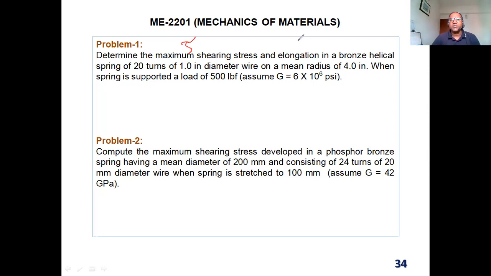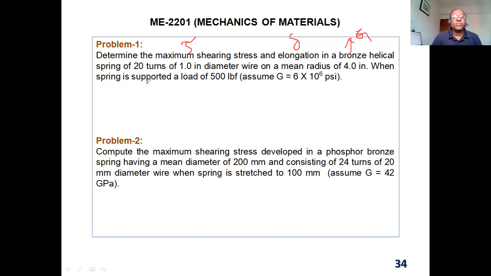That means we need to figure out the delta or Y. It is a bronze helical spring, so you can figure out the G. Even if the G value is not given, if you know the name of the material, you can easily find G from a handbook, a textbook, or a website. So the value of G is given in the problem.